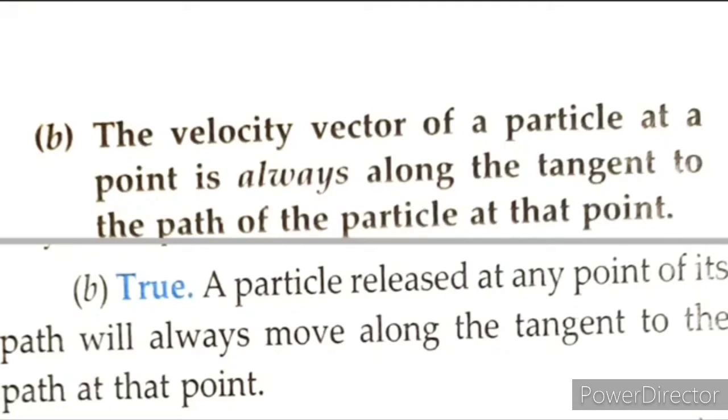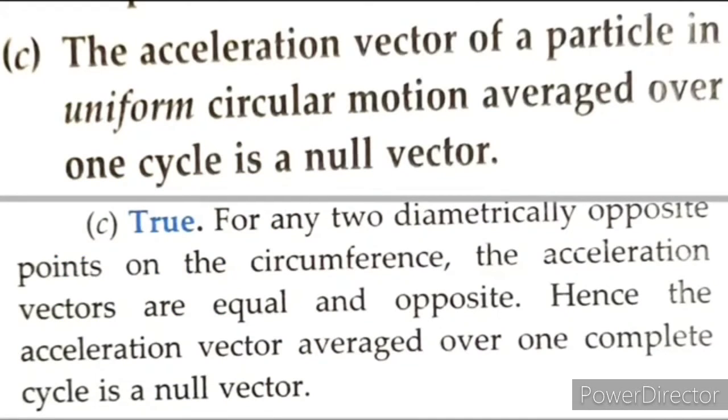And from the practical side also, when we whirl a stone tied to a string in a horizontal circle, if you just leave the string at any instant, the direction in which the stone will go is actually along the tangent. So that statement is true.